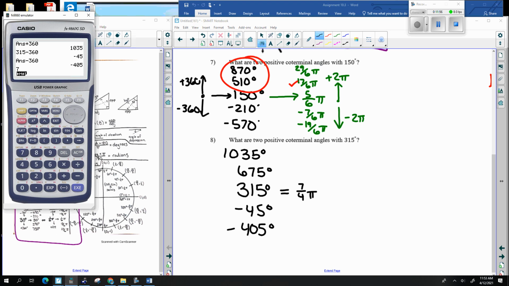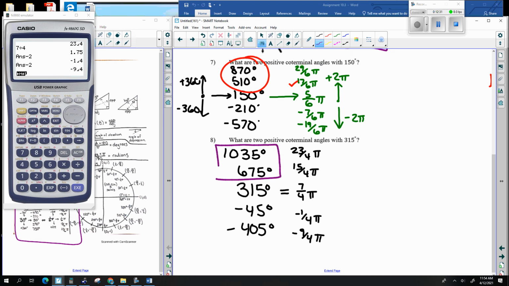All right, same with the 7/4. Let's add circles to it, or AKA plus 2s. And take circles away from it. Okay, so all of these are coterminal angles. They want two positives. So I'll give them the next two positives from the one that they presented.